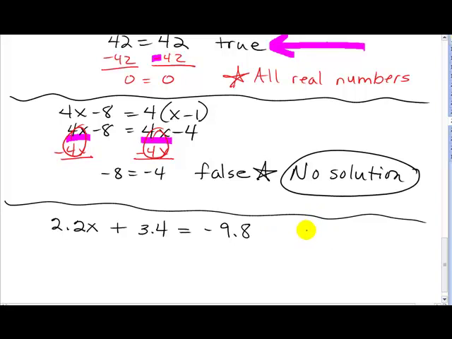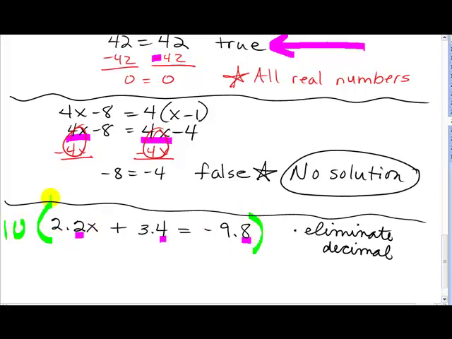So if we want to eliminate the decimal, we would do it first. And we're going to concentrate on the place value. We've got tenths, tenths, tenths. If we had hundredths, we'd have to take that into account. I'm going to multiply this all by 10. That'll make all of those decimals move over one space.